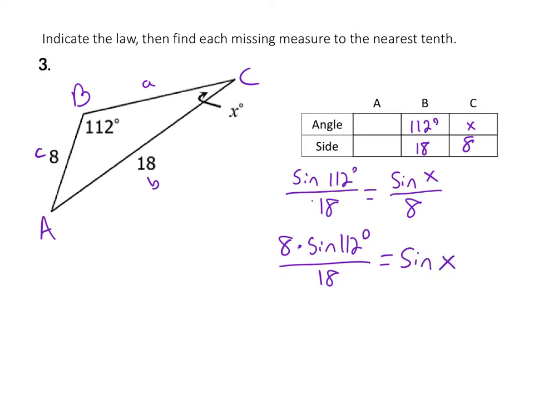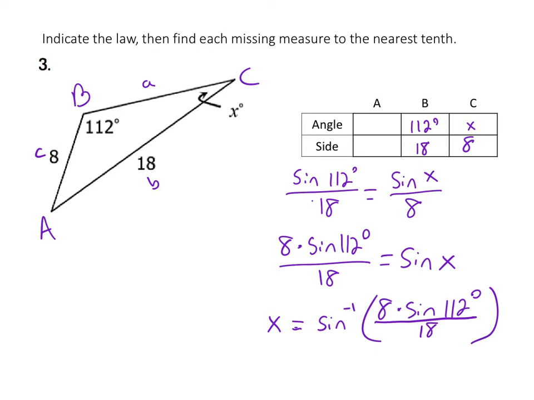To get x completely by itself, we have to move the word sine over to the other side. It becomes arc sine, so I'm actually going to write this backwards now. X equals sine to the negative 1 power of 8 times the sine of 112 over 18.